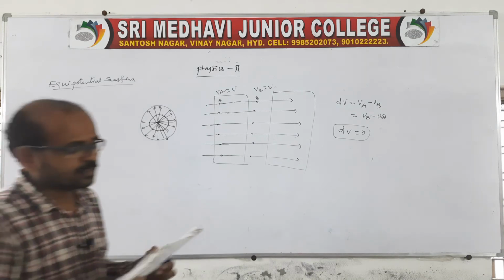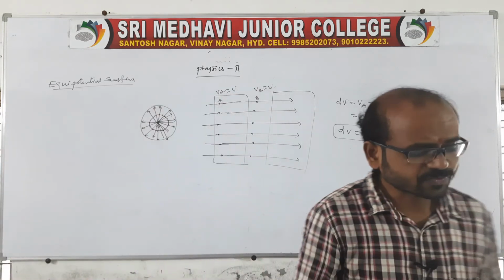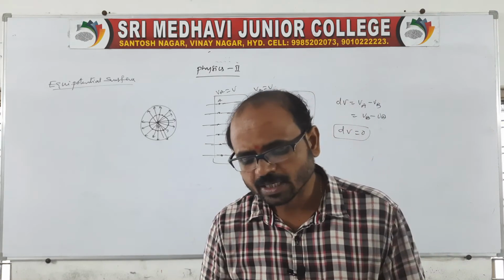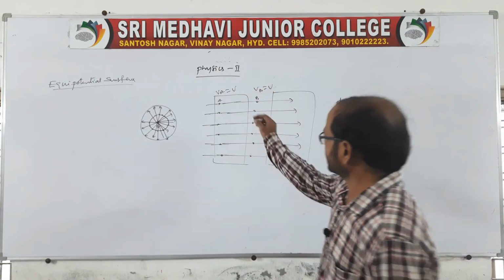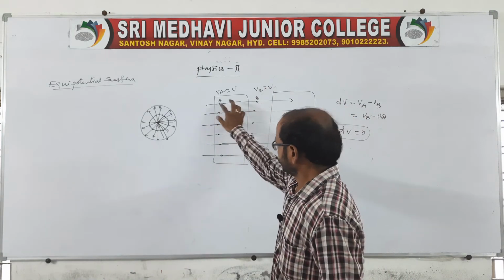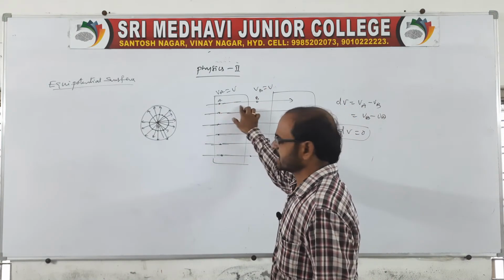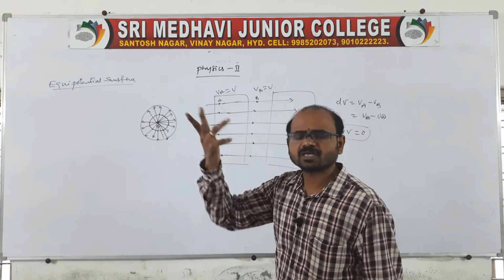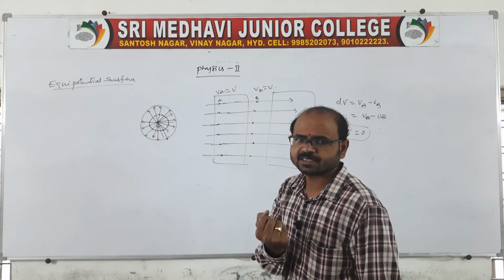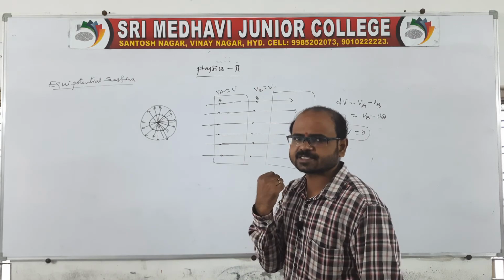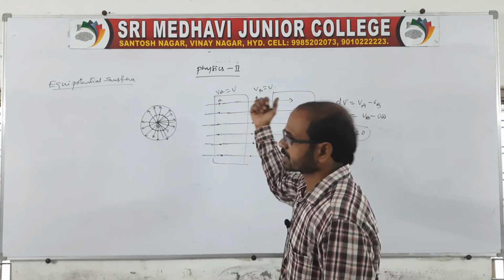And not only that, you say here work done. Suppose we can say like this, work done in taking a charge from one point to another point. Suppose I am moving from A to B, is there any opposition? No, because the potential remains the same. If the potential changes, if the field changes, then we can say there will be work done.